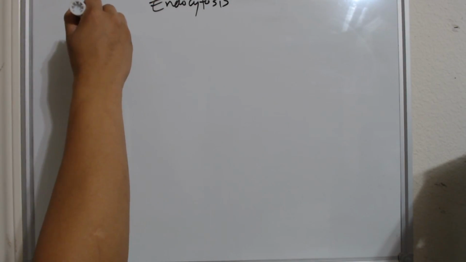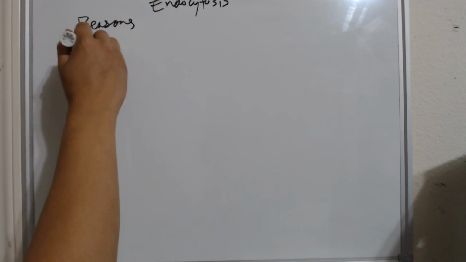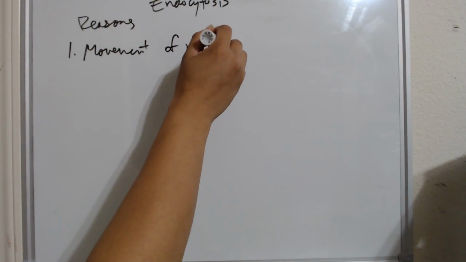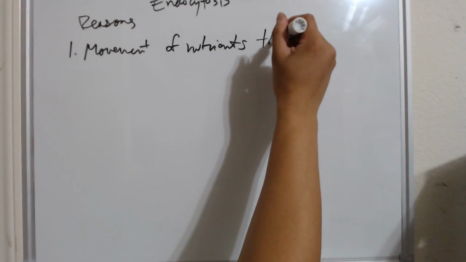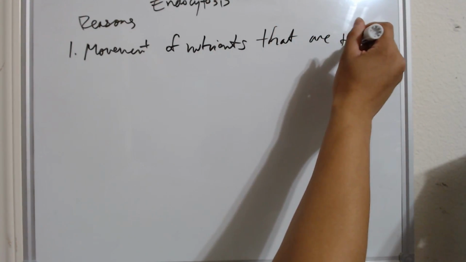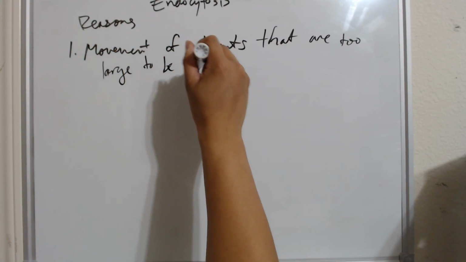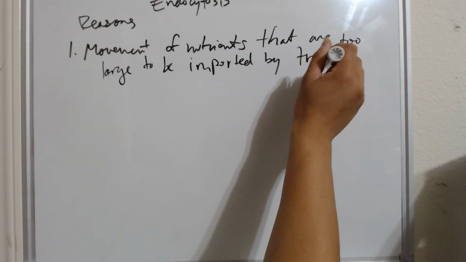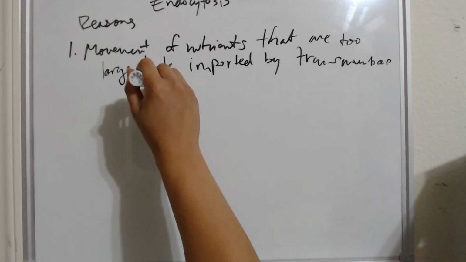Reasons for it are: one, it will take in stuff, movement of nutrients. So nutrients that are too large to be imported by transmembrane proteins.